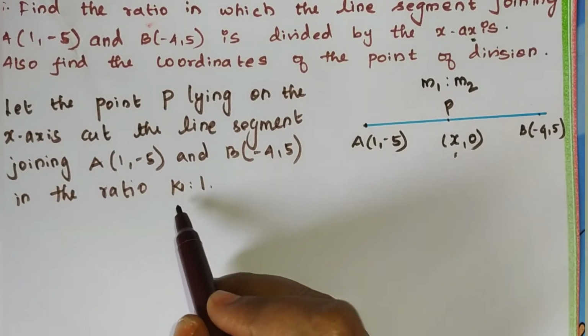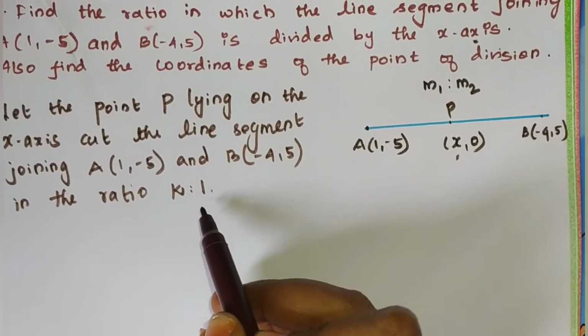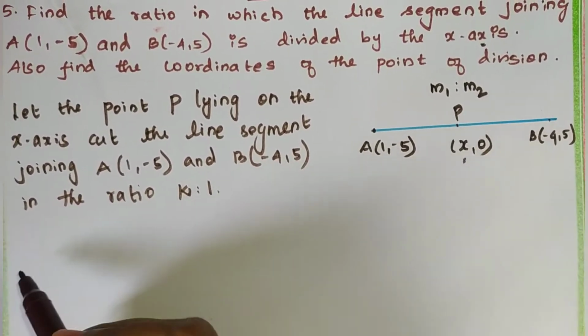Clear, children? So first I have taken the ratio k is to 1.